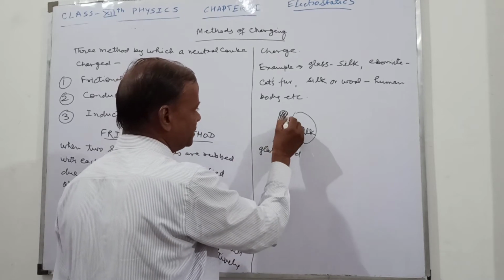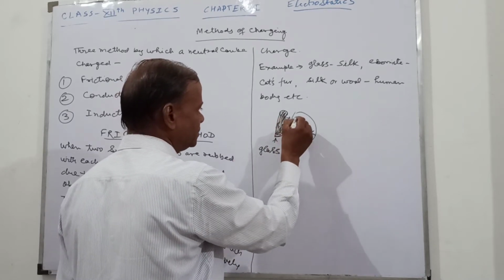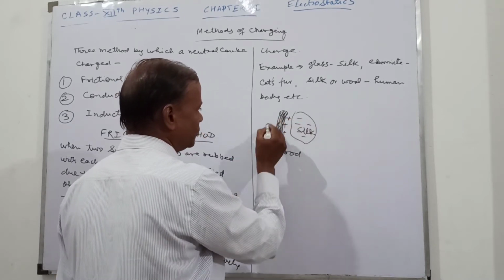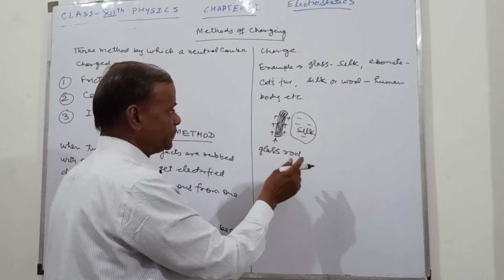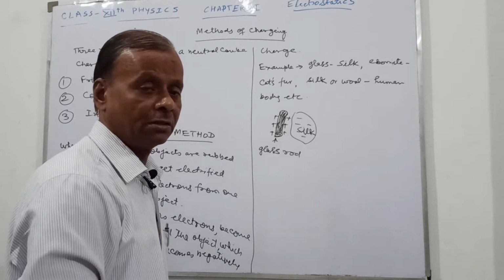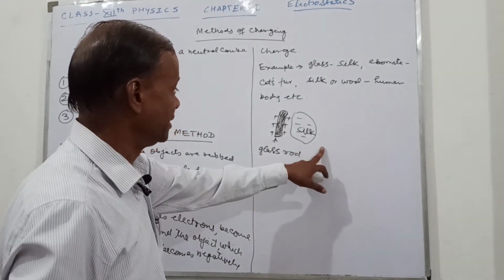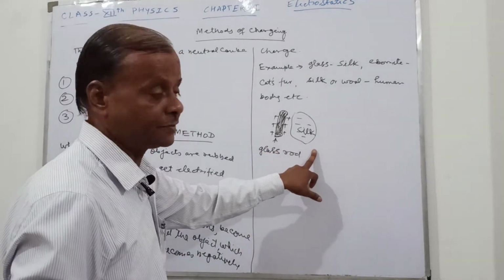When they are rubbed, they get electrified, the glass rod getting the positive charge, because the electrons get transferred from the glass rod to the silk. So silk becomes negatively charged and the glass rod becomes positively charged.